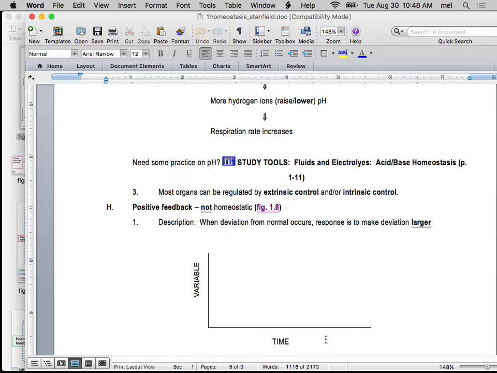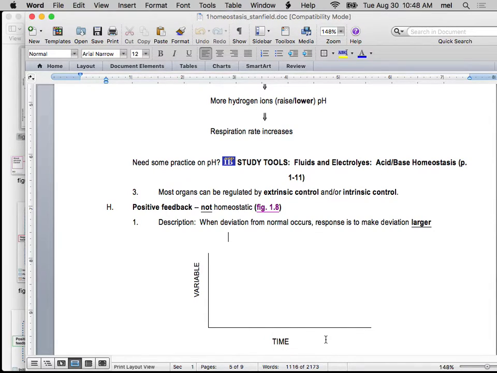I'll give you a couple of examples. So you'd sort of add to whatever was going on. So if this was blood pressure, and this was time, and I had damage to an artery, okay?